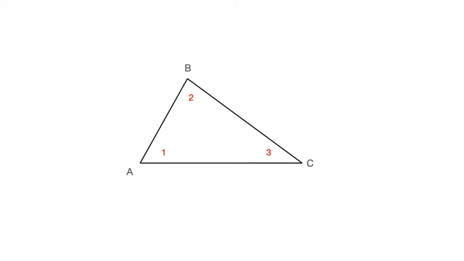Now, let's go back to our triangle ABC. Let's remove line segment BC for a moment. And let's draw a line segment through B that is parallel to segment AC.